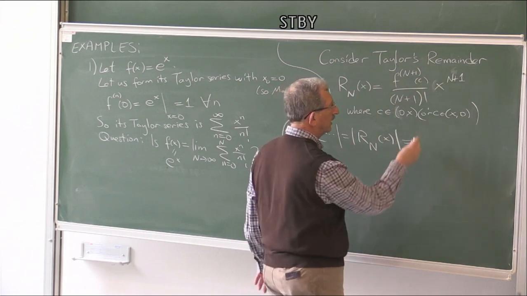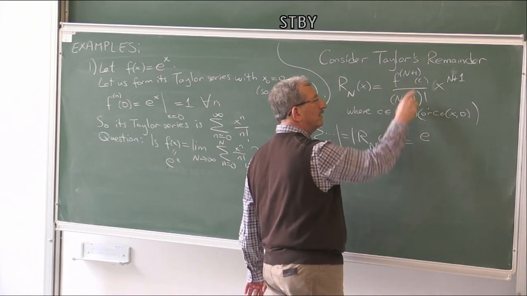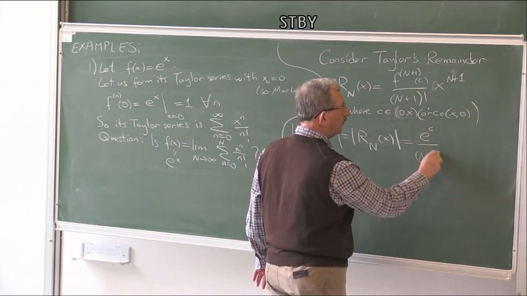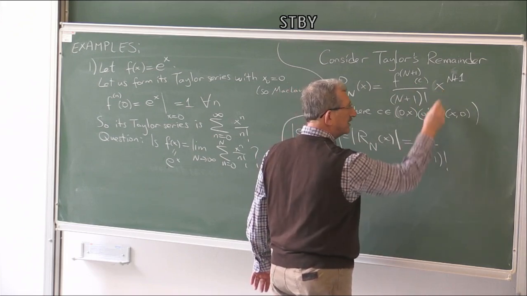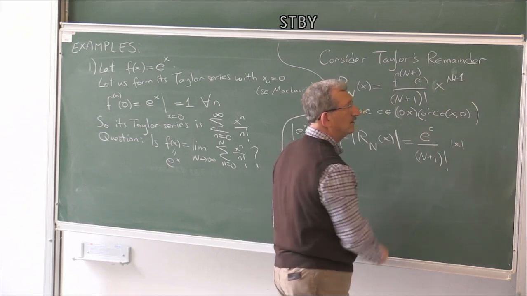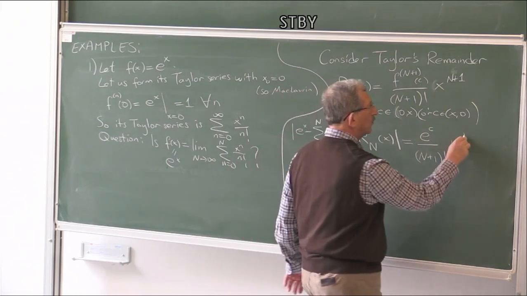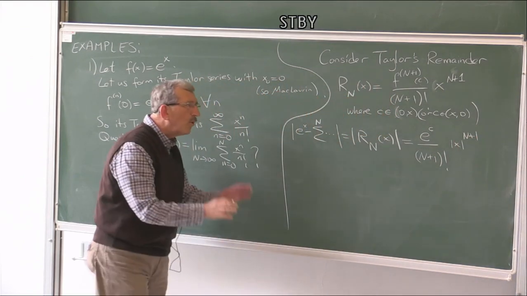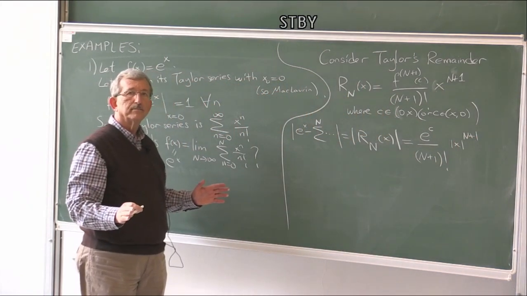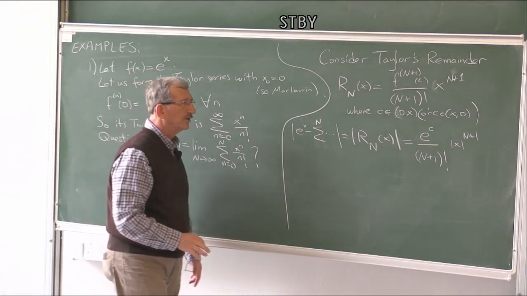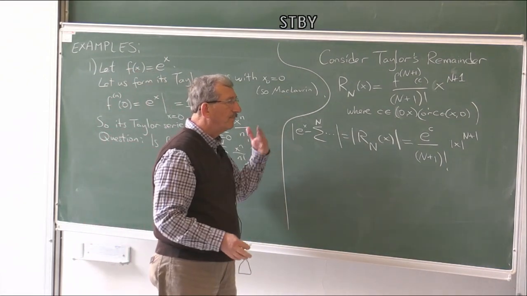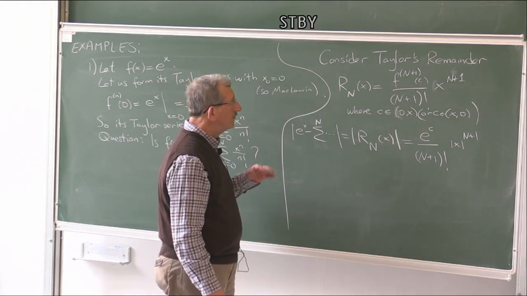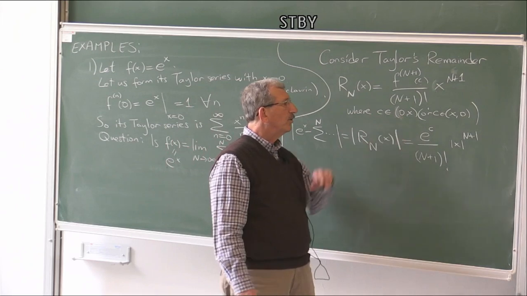Well, of course, the derivatives are e to the x again, so it is e to the c divided by n plus 1 factorial times x to the n plus 1, where x is not necessarily positive, so we have the absolute value. Now, we don't know what c is. It can change when x changes, or n changes. It depends on a lot of things.